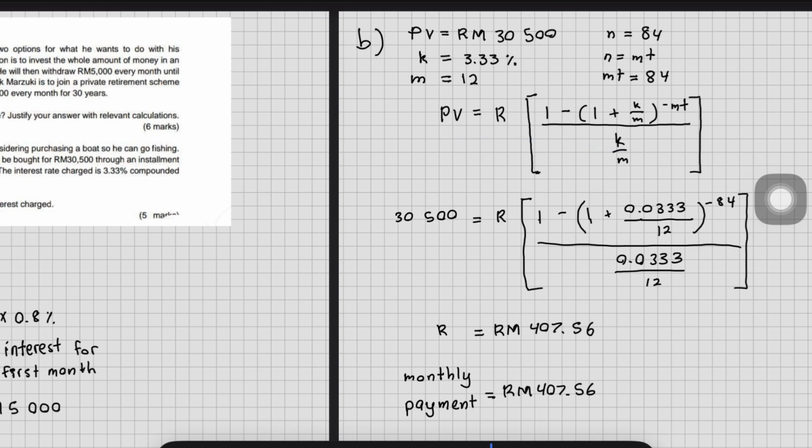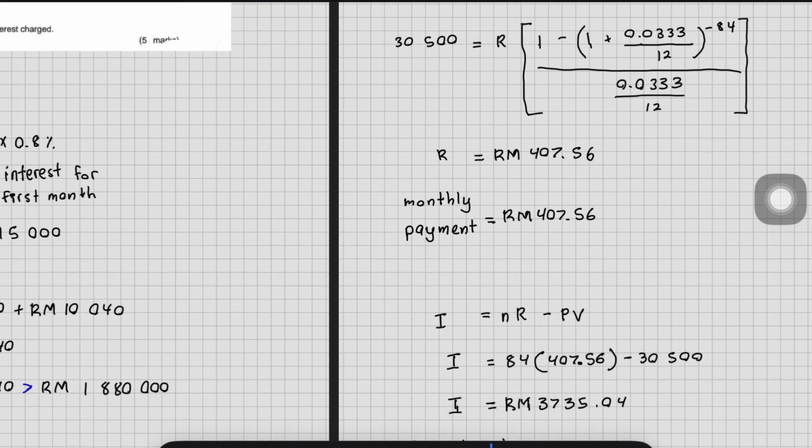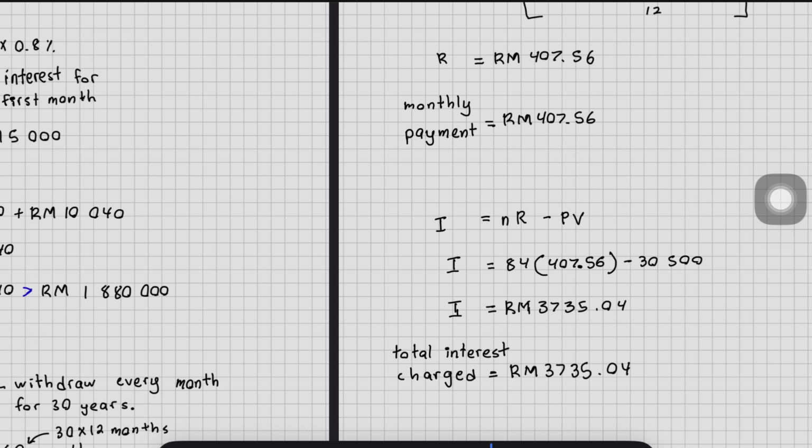We use this formula because we already know the present value, which is around 30,050 ringgit. So the monthly payment is 407 ringgit and 56 cents. For the total interest, we use this formula and get 3,735 ringgit and 4 cents for the total interest charge.